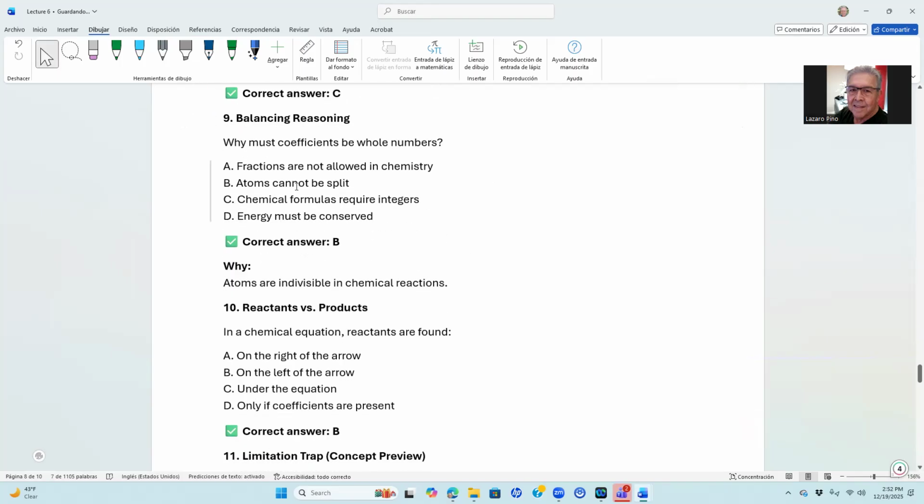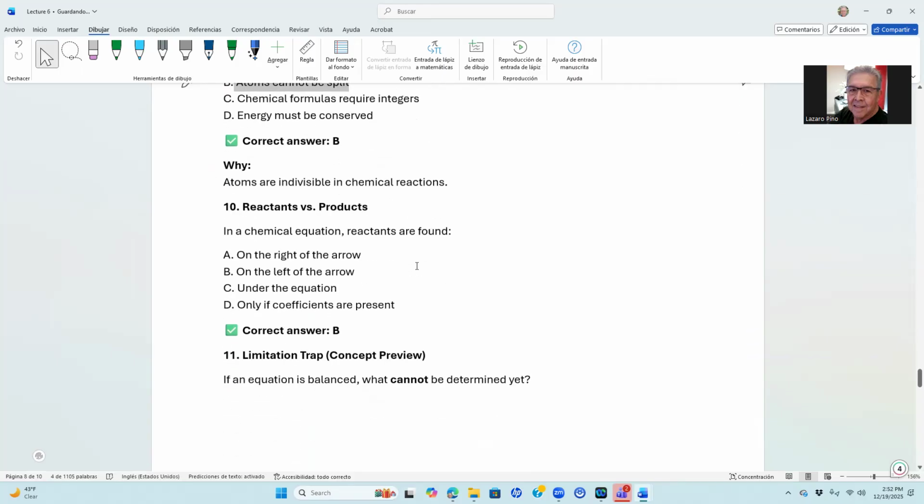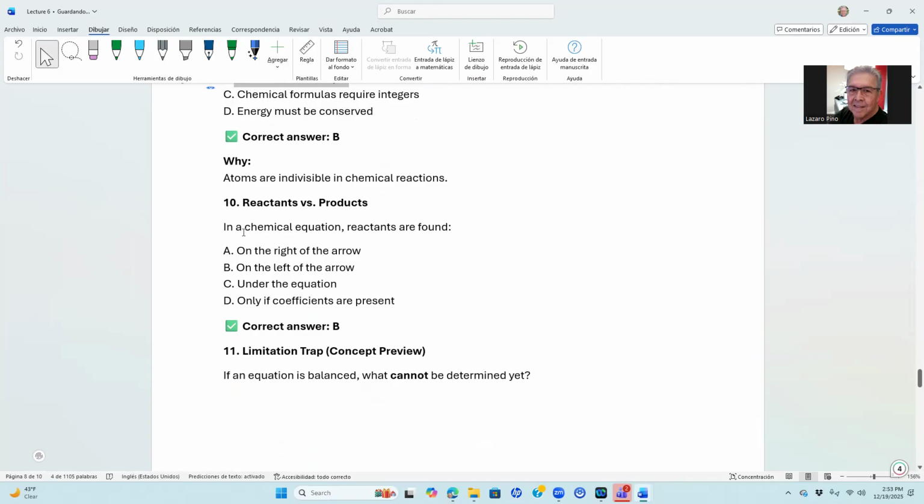Because atoms cannot be split. That's the answer. In a chemical reaction, reactants are found on the right of the arrow? No, to the left of the arrow. That's the correct answer.